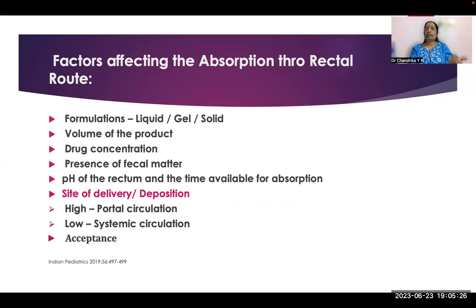But most of the drugs we use will be in the form of solid suppositories. So for those solid forms, they have to first get dissolved in the rectal fluid and then get absorbed. It also depends on the volume of the drug.